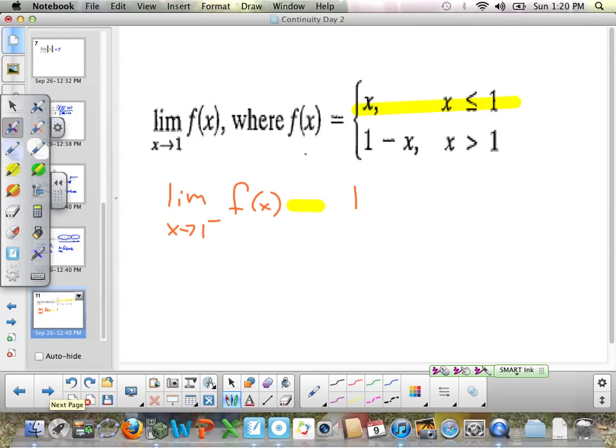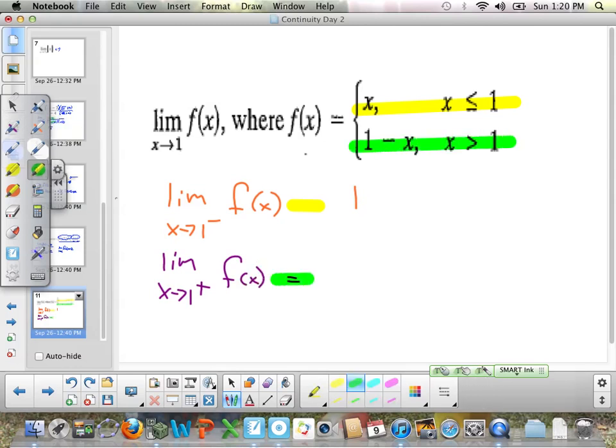Let's evaluate it from the right. Limit as x approaches 1 from the positive side. Okay, this is the right. If I plug 1 into there, 1 minus 1 is 0. The left and the right do not agree, so our overall limit does not exist.